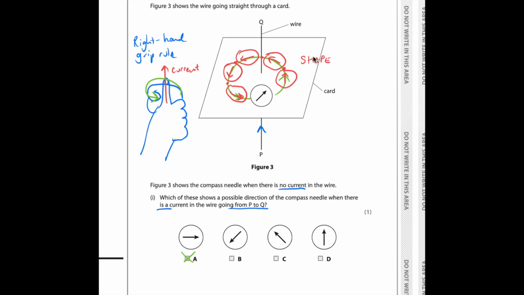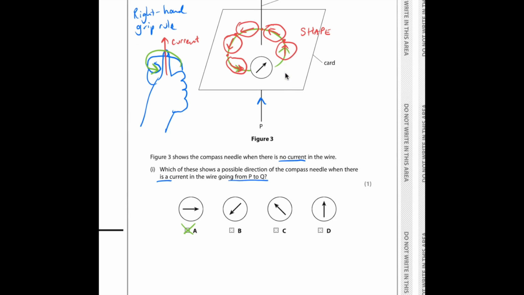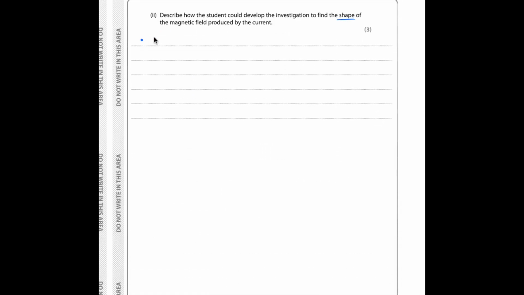If you do get another question and it says show the direction, you do exactly the same thing, but instead of just drawing a dot, you'd draw the arrow and then connect all the arrows in the same way, and it'll show you the shape and the direction. Right, how do we say that then? So record the magnetic field at a point. Move the compass to a new position.